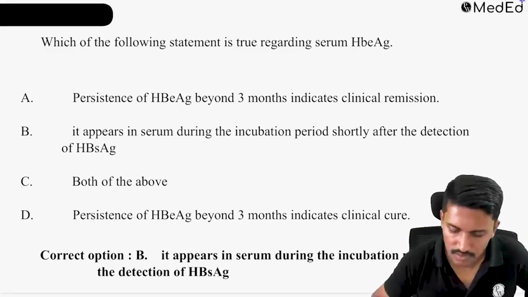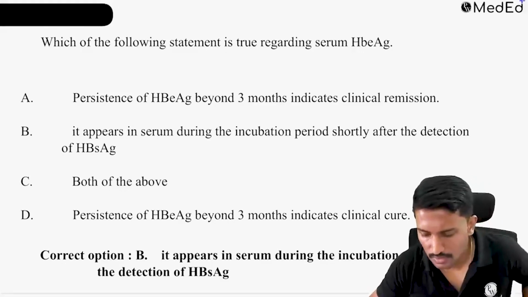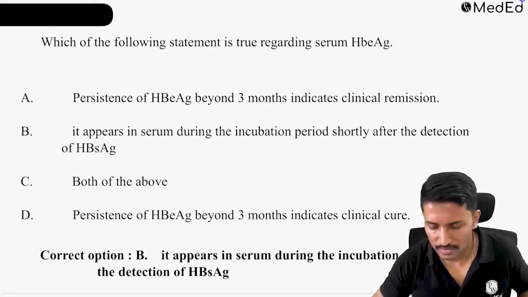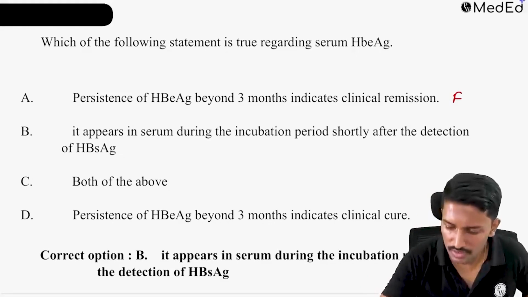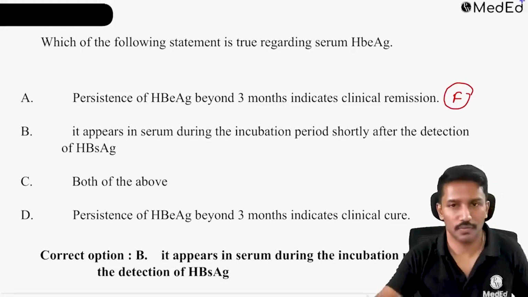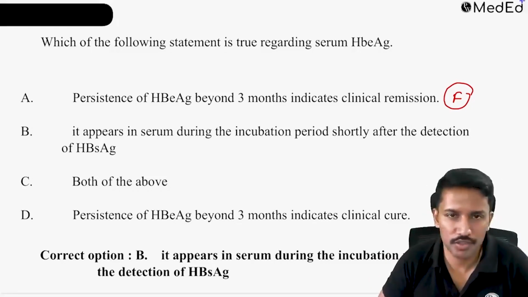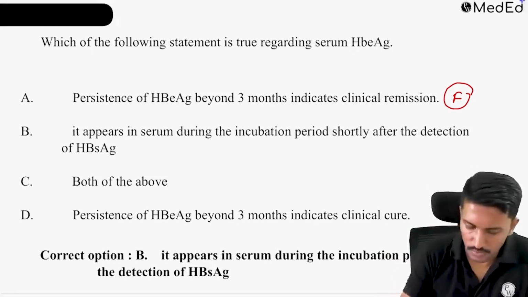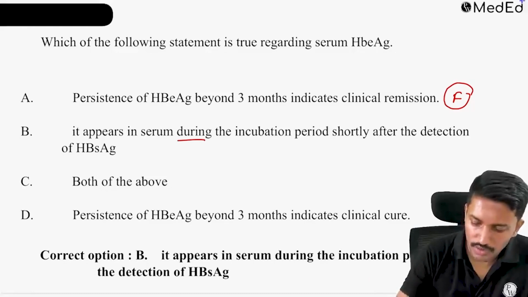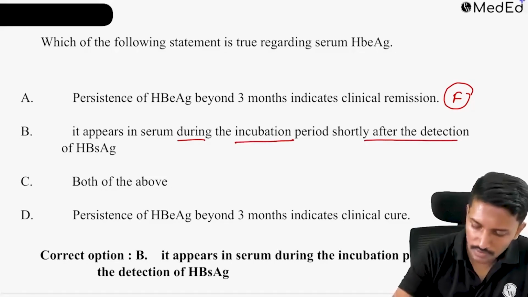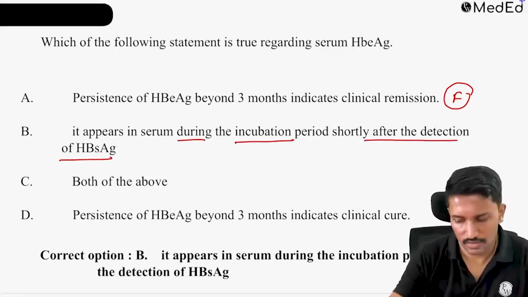So the first statement is persistence of HBeAg beyond 3 months indicates clinical remission. That is obviously false, right? If HBeAg is persistently positive beyond 3 months, it means there is actually active viral replication happening. So that is obviously false. Okay. It appears in serum during the incubation period shortly after the detection of HBsAg. Yes, this is true.